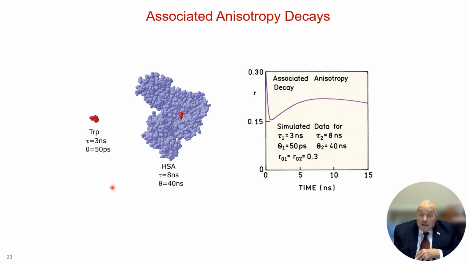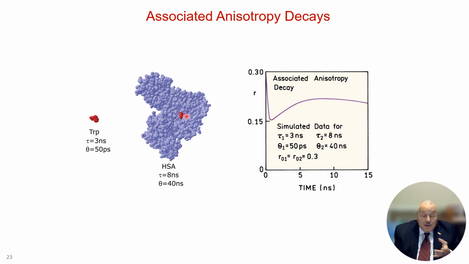Well, then you have a different decay law, and it's called an associated anisotropy decay, because one correlation time is associated with one lifetime. So here we have a short 50 picosecond correlation time, which is true for tryptophan in water, and a lifetime of 3 nanoseconds.